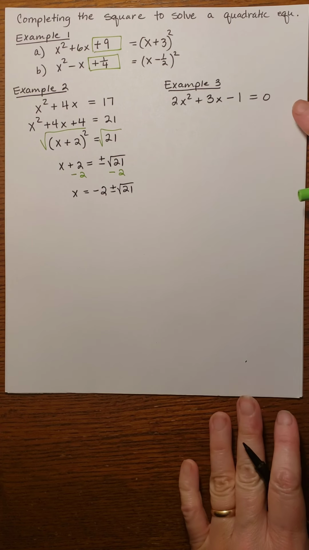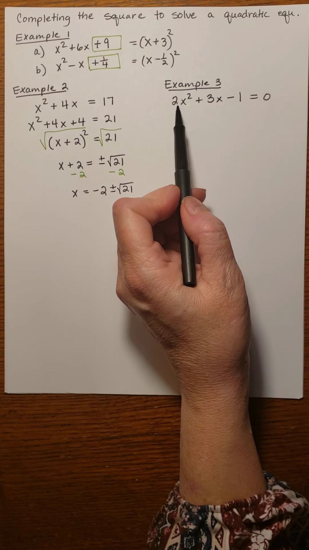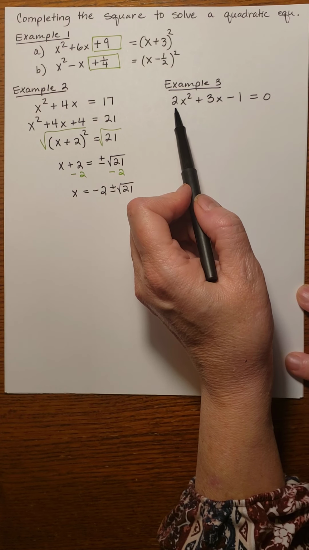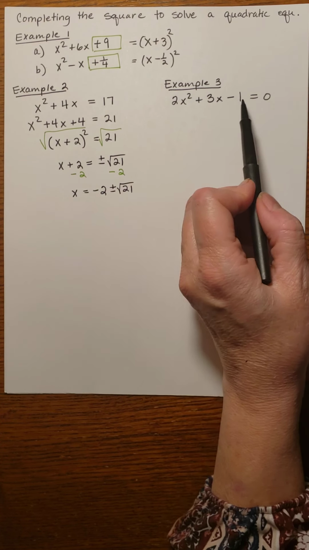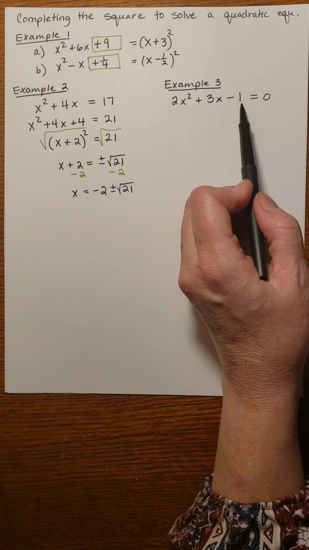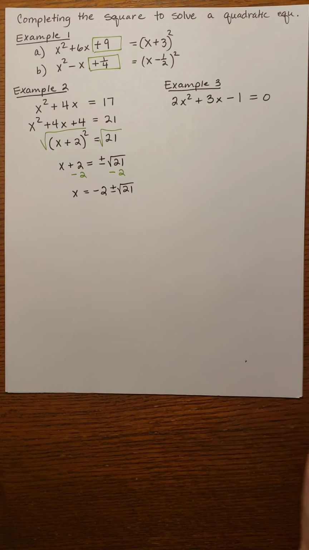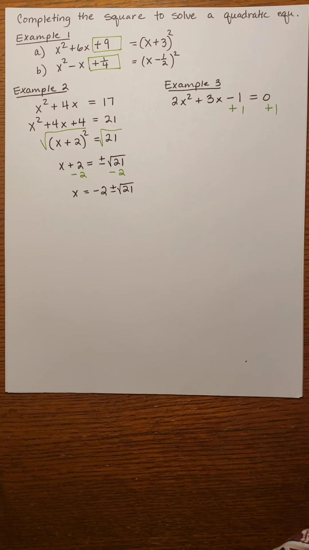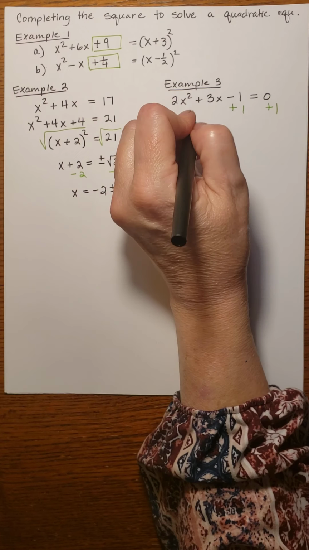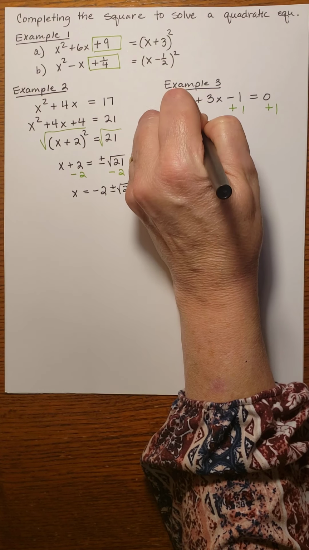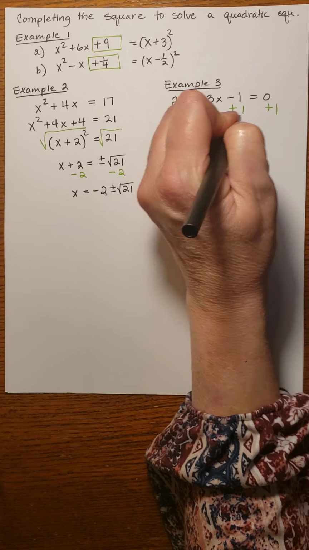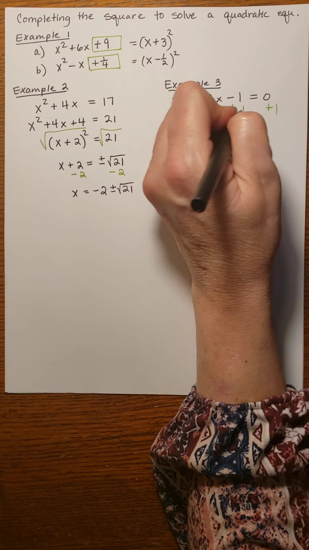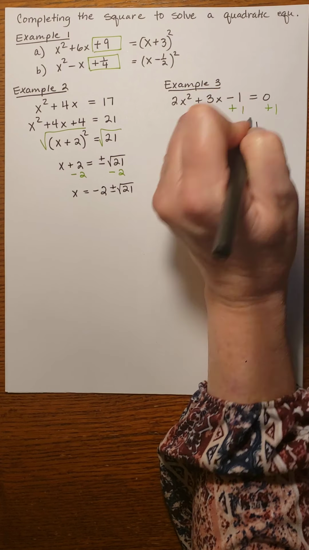Now, in this example, notice I have that coefficient, and we're going to just go ahead and move the constant, this -1, out of the way to the other side of the equation. So I'm going to add 1 to both sides, and that gives me 2x squared plus 3x equals 1.